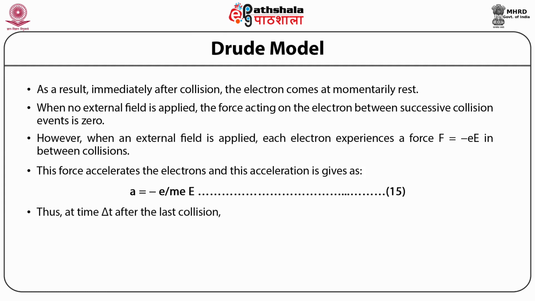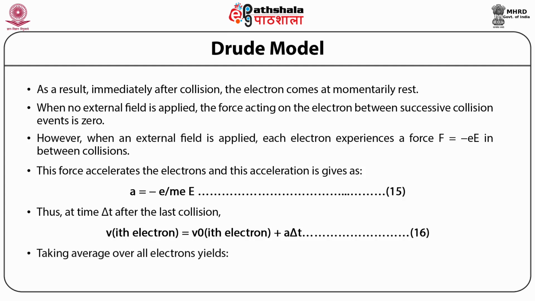Thus, at time delta t after the last collision, the velocity is given by v of the ith electron equal to v naught of the ith electron plus a into delta t. This is represented by equation 16.